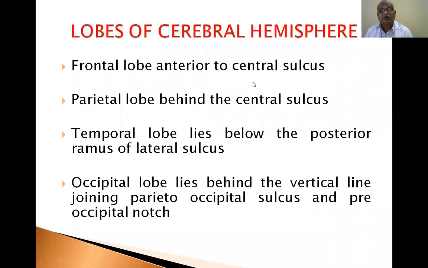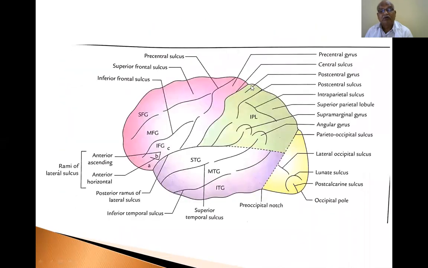I will show you. This is the central sulcus. This is the post-central sulcus, and this is the post-central gyrus. Now, this is the intraparietal sulcus, with the superior parietal lobule and the inferior parietal lobule. This is the lateral sulcus extending, and the superior temporal gyrus extending. This is the margin of the parietal lobule covering the superior temporal sulcus.